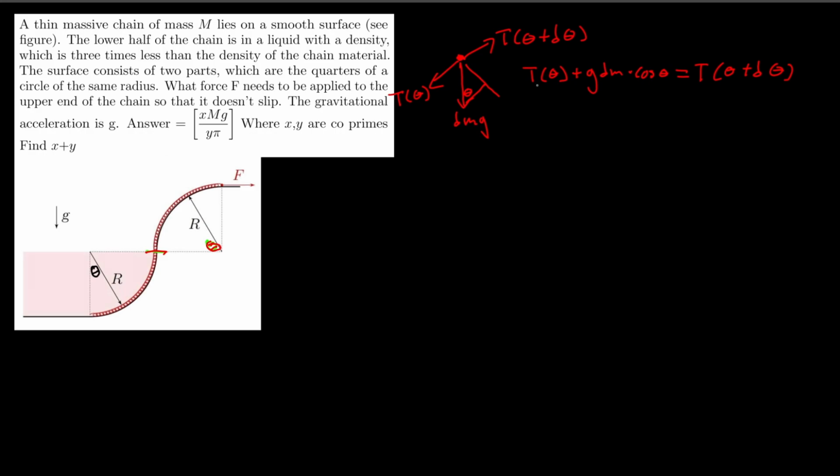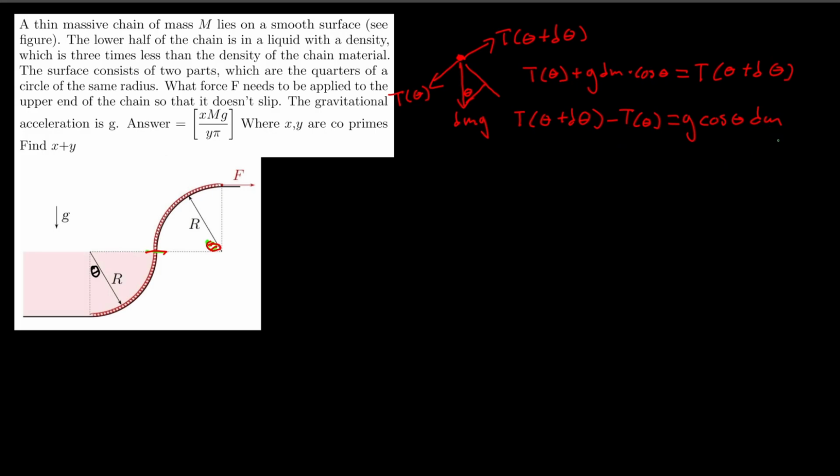I'm going to move this T of theta on the left side to the right side, so T of theta plus d theta minus T of theta is equal to g cosine of theta times dm.